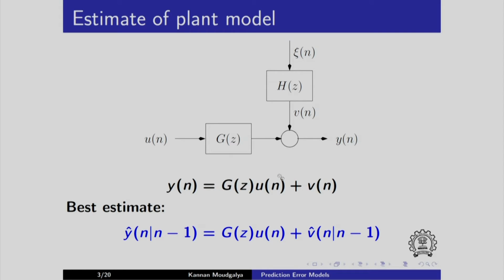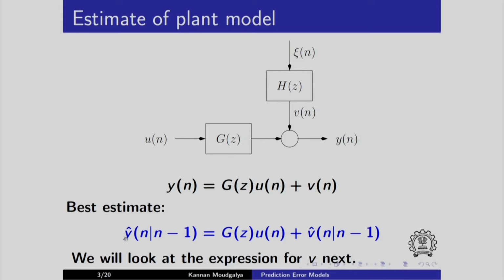Now the first term is deterministic, so you write it as it is. In the place of v, which is stochastic, we have a similar expression, v hat of n given everything up to n minus 1. We will look at the expression for v next, so that we can get v hat.